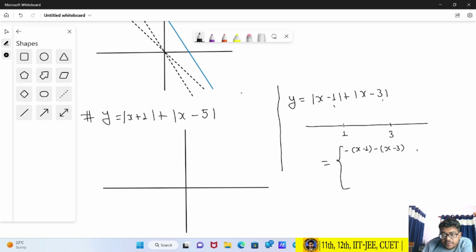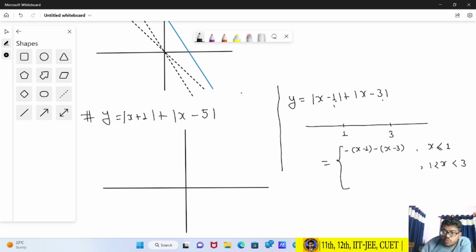So this is for x less than or equal to 1. Now if x is between 1 and 3, we take 2.